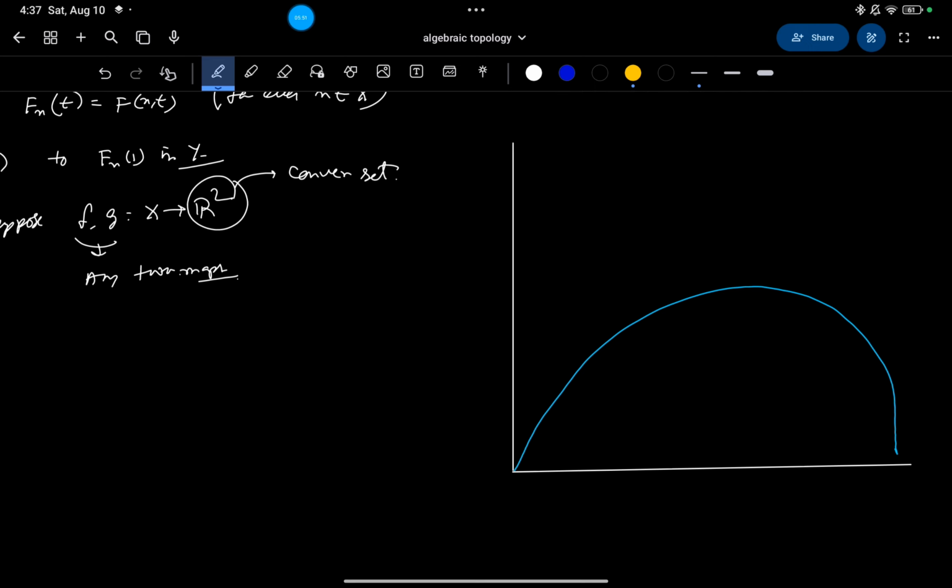Then what are the straight line homotopies?